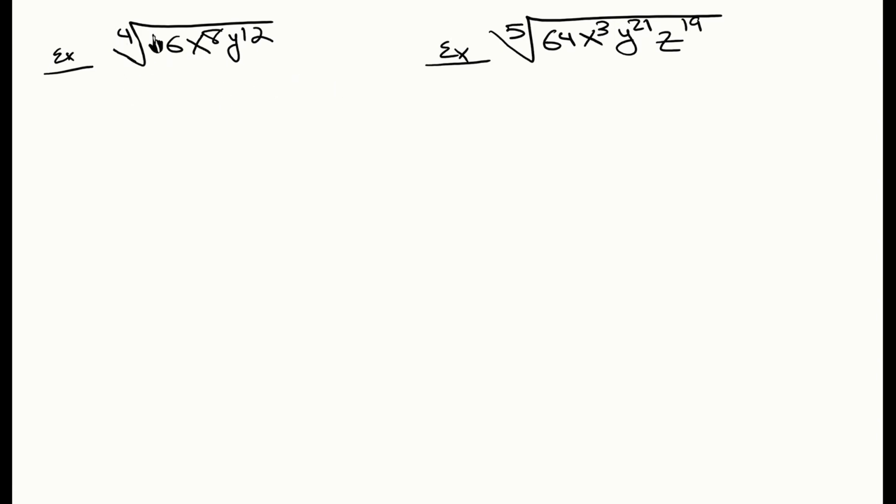But sometimes every factor inside here is a perfect power of that number, that index. In those cases, you don't really need to break it up into two parts. And notice here, 16 is a perfect fourth power, x to the 8 is a perfect fourth power, so is y to the 12.